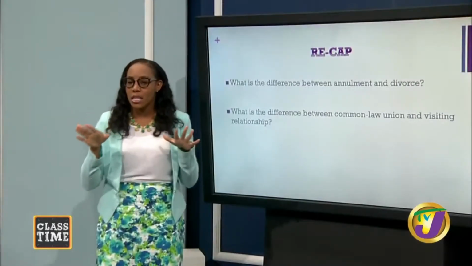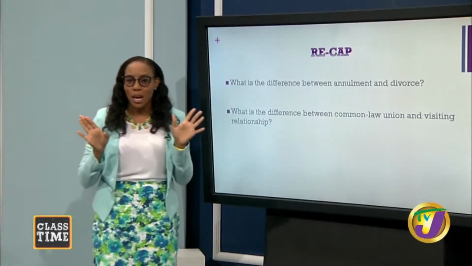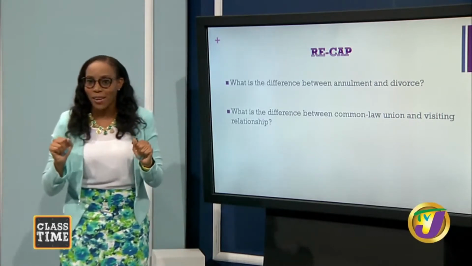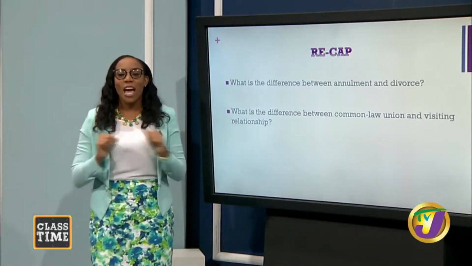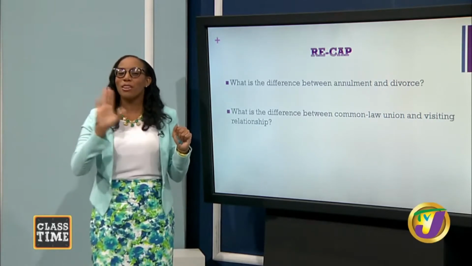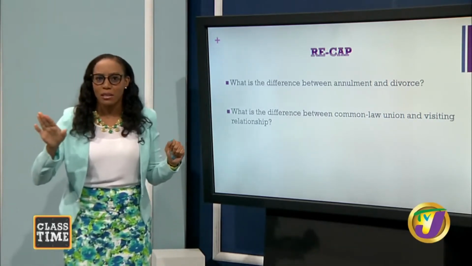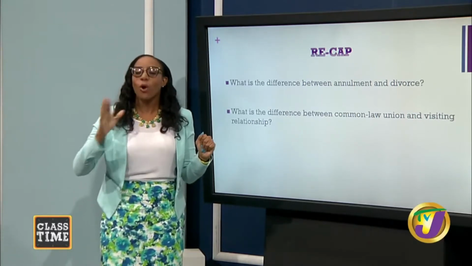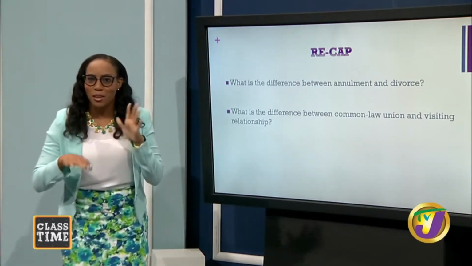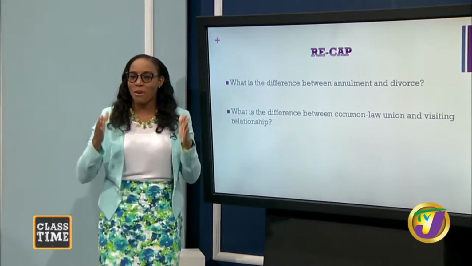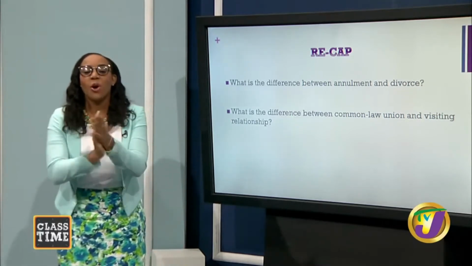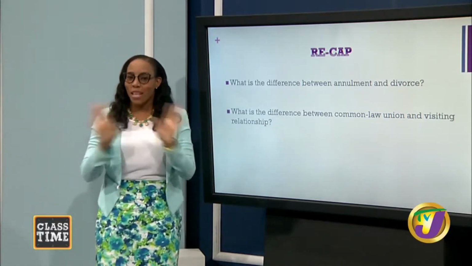Give you two seconds to think about it. Okay, good. So the annulment, the marriage never happened in real life, the court did not sanction it. And the divorce, you're saying, is a legal ending of a marriage. Clap yourself. Well done. I know you guys are brilliant.